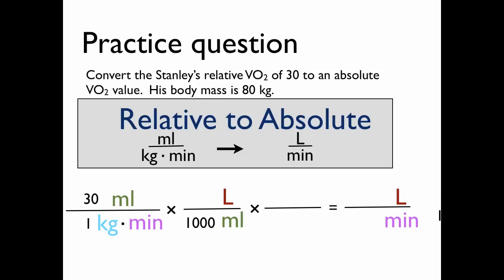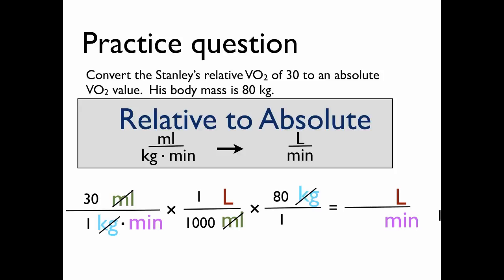We know there's 1,000 milliliters per 1 liter, and again, milliliters cancel out. We need to multiply by kilograms because in the relative value it's on the denominator, so we need to put the kilograms on the numerator. And we know that Stanley is 80 kilos. Again, kilograms cancel each other out.